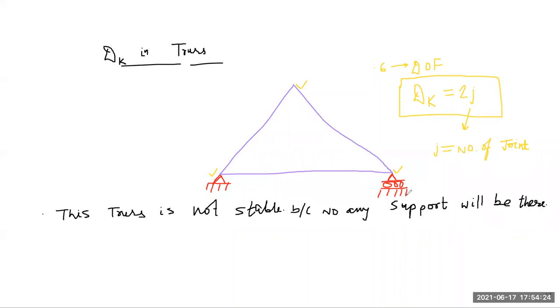So basically here we have seen the possible degree of freedom is 1 in delta y, 1 in delta x, also 1 in delta y, and next delta x.